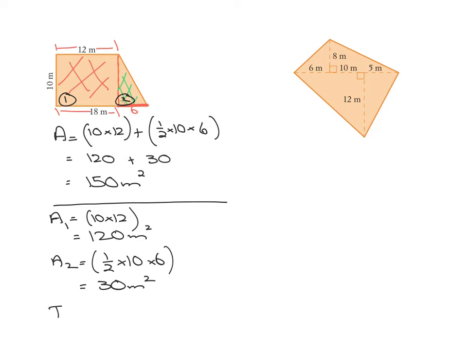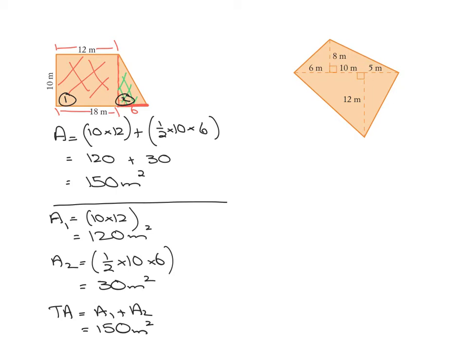And then I usually put total area, or TA, equals. Then there are a few ways you can do it. Area 1 plus area 2 equals, or you can always just write the answer straight out. Obviously I try and encourage you to write as much as you can, but at times in exams you don't need to, depending upon the amount of marks that it's worth. So that's two ways of setting out when you're looking at adding them together.